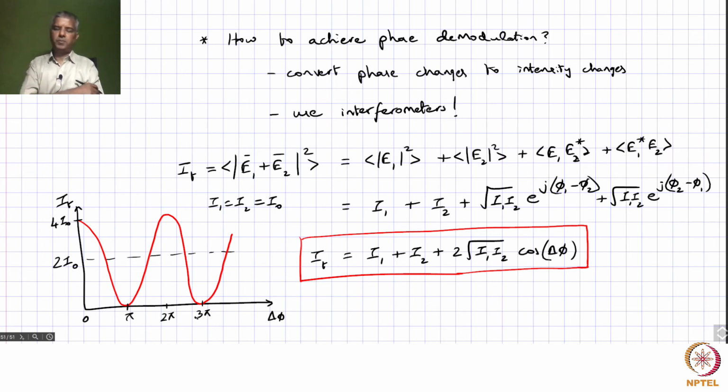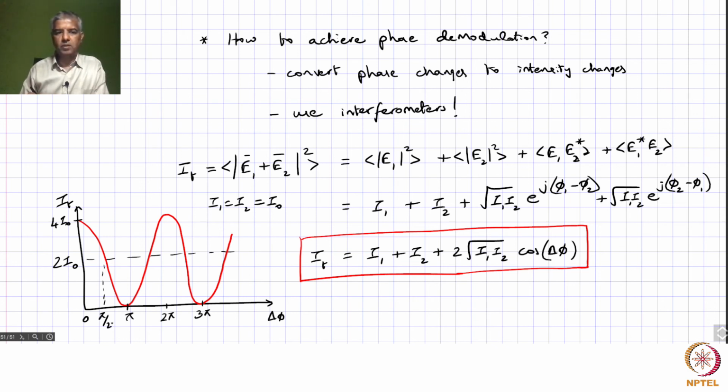So that's what we expect as far as this interferometer is concerned, and this is important. If you want to make a very high sensitivity optical sensor, then you may want to bias it at a point like this, where this is pi by 2.